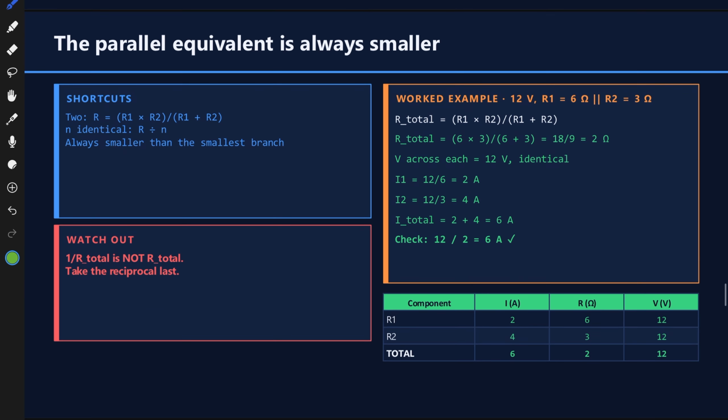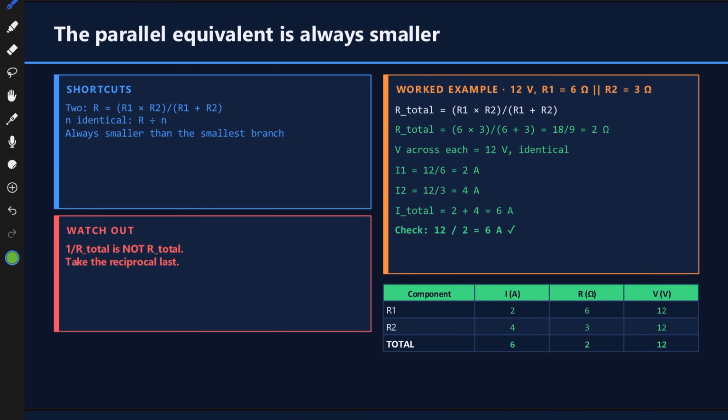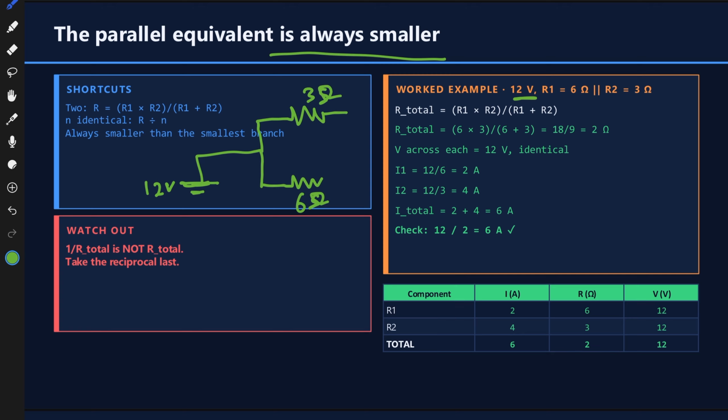So let's try a problem. Parallel equivalent is always smaller, which works better when I show you as an example, okay? 12-volt battery, R1, so one branch here, is 6 ohms, and one branch is 3 ohms, okay?